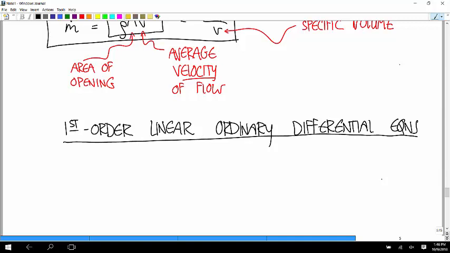The ordinary means there's only one independent variable. So in mechanics and dynamics and stuff, usually the independent variable is time, although sometimes it can be a spatial independent variable. First order means the highest derivative is a first derivative.